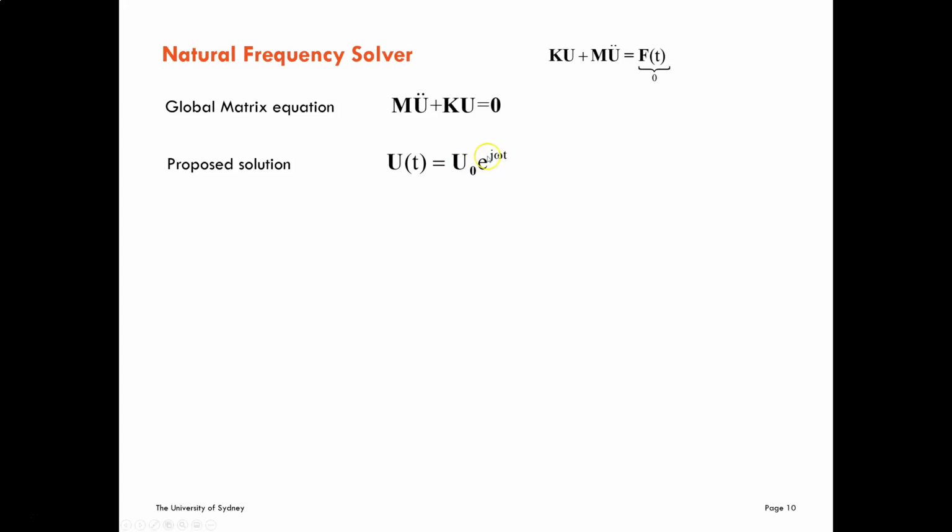So this is the solution that I propose for these equations. I just put the solution into these equations, and I get this equation that is a matrix equation. I want to obtain U naught, and I want to obtain the frequencies. So these equations will have non-trivial solutions, U naught different from 0, if the determinant of this matrix is equal to 0. So these equations give me a characteristic equation that is a polynomial.